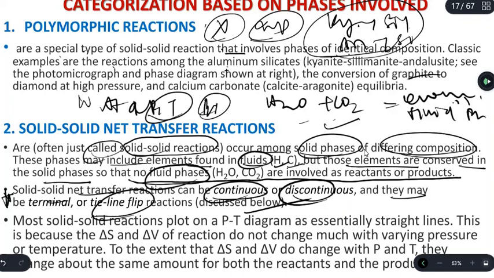Discontinuous मतलब particular point पे there will be the additional phase will come, right?